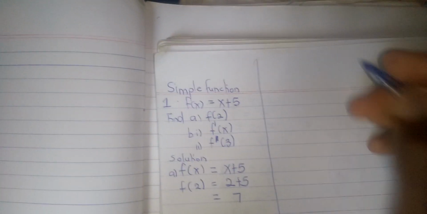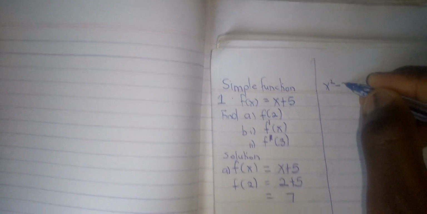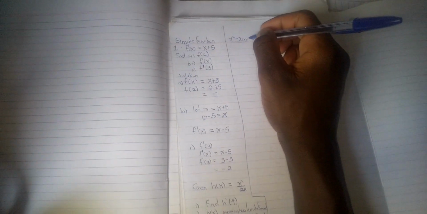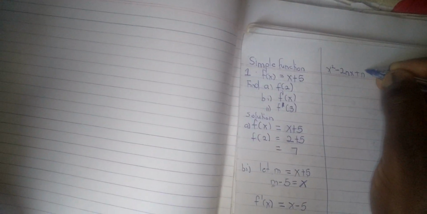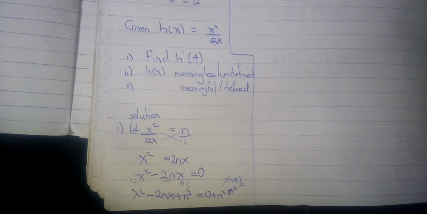So we shall have x squared minus 2nx plus n squared. Remember, we added n squared on both sides, equaling n squared. The reason being that when we add n squared to 0, we end up with n squared.